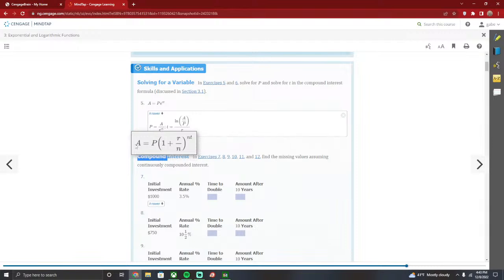So final answer is natural log of A over 1 plus R over N, I'm going to put that into parentheses, minus natural log P, all of that over R equals T. Hard, but easy.